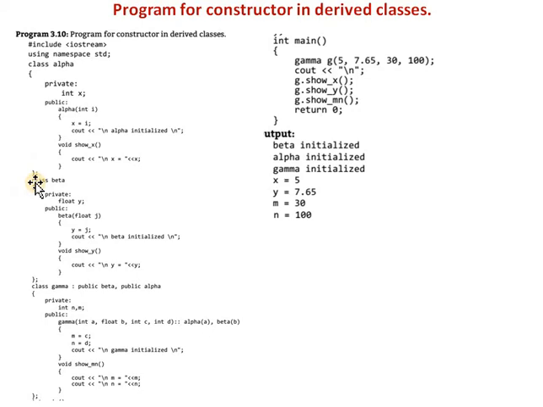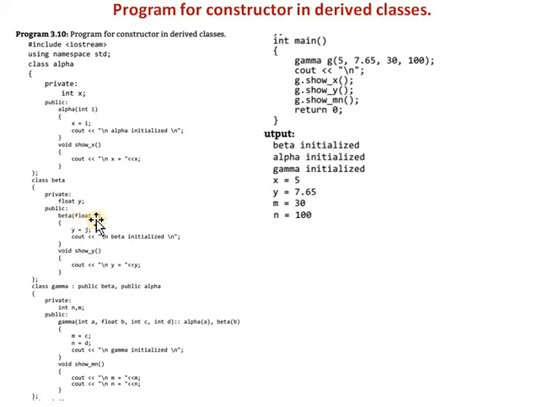Next, there is another base class, the beta class. In that beta class, there is one data member, y, and there is one constructor, beta, which has one argument. A formal parameter is passed to that constructor beta.